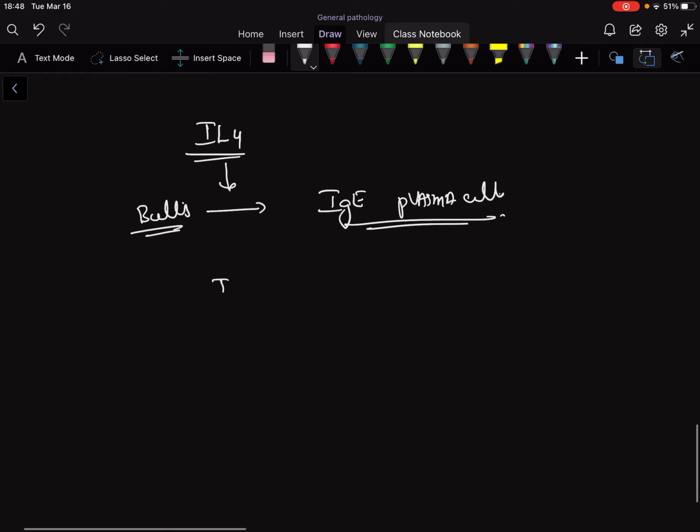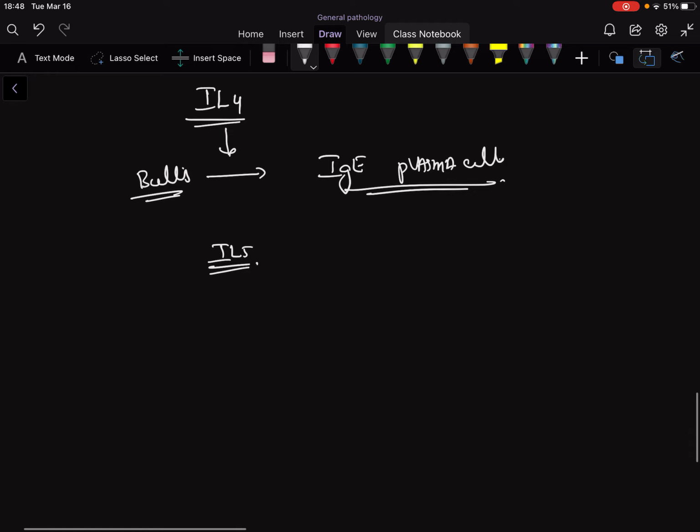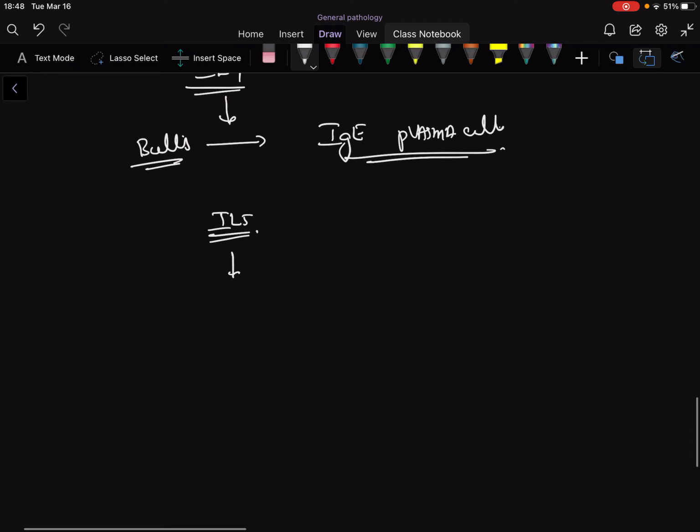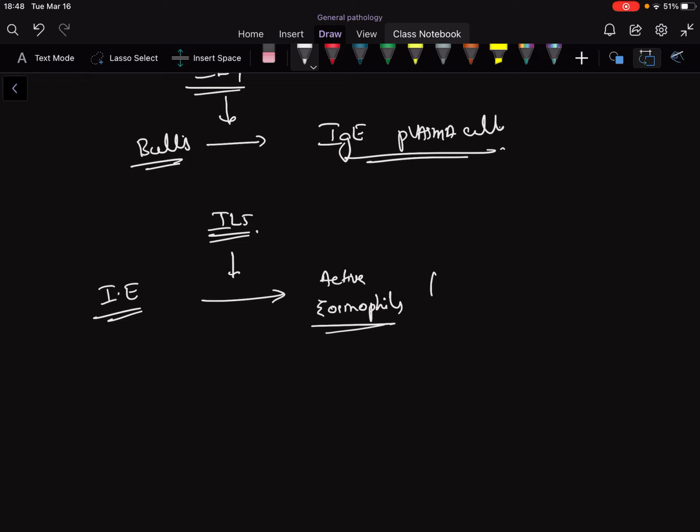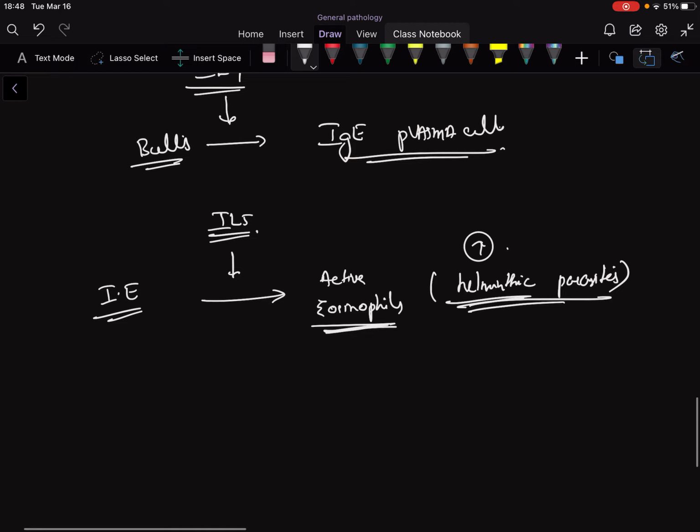Not only that, interleukin 5 will convert inactive eosinophils into active eosinophils, and these eosinophils help against helminthic parasites. Eosinophils are high in helminthic reactions or parasites.